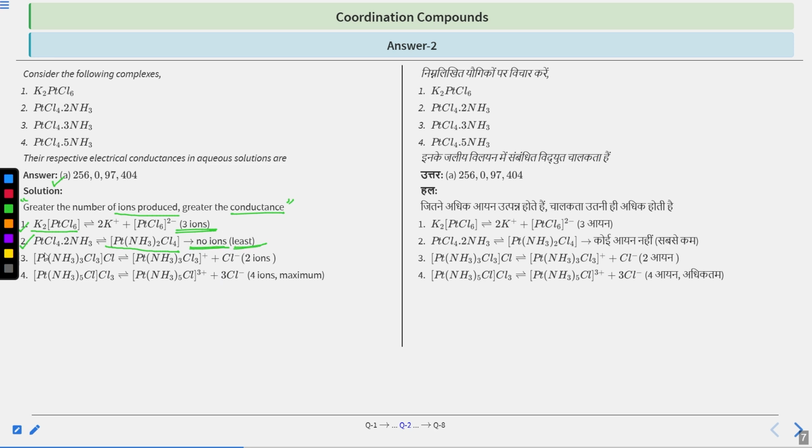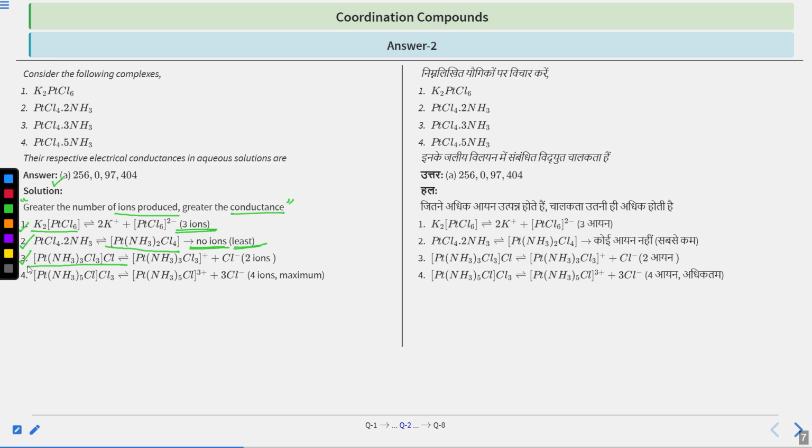No ions are producing. In the third case, PtCl4.3NH3, right? The formula for this will be [Pt(NH3)3Cl3]Cl, and 1 chlorine will come out of this square bracket, right? Because the coordination number of platinum can have only 6 direct bonds to the ligands.